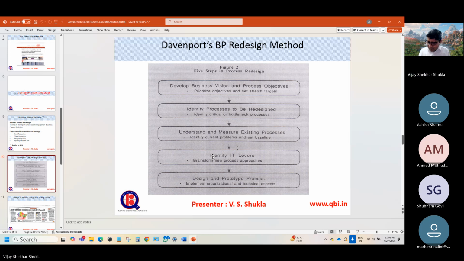So innovation is sometimes what is known as technological innovation, sometimes what is known as business innovation. So a process or a redesigned process which leads to significant improvements will leverage IT, but it could be business innovation also.